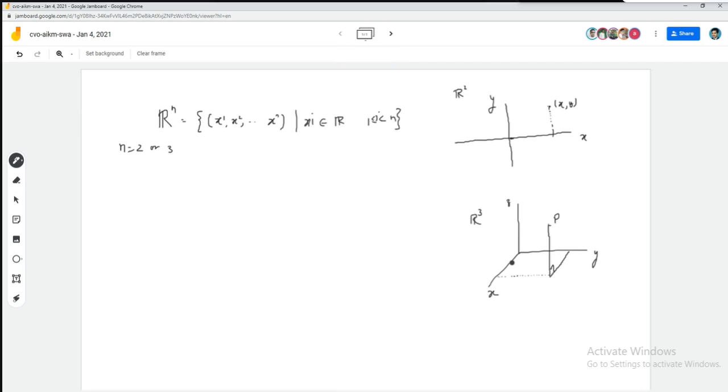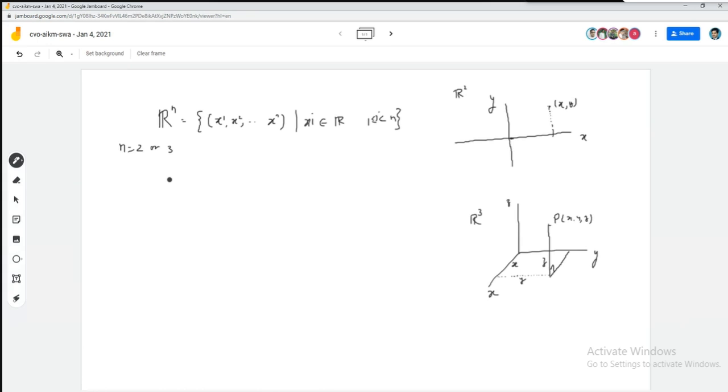This distance is your x, this distance is y, and this distance is z. So the coordinate of this point P is (x, y, z). In a similar way, you can also think of n-dimensional space, in which each point is represented by n real numbers.